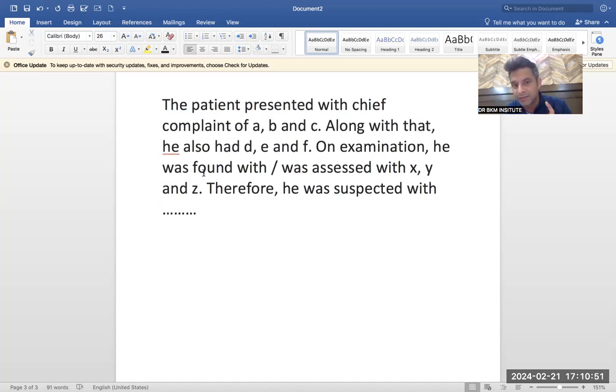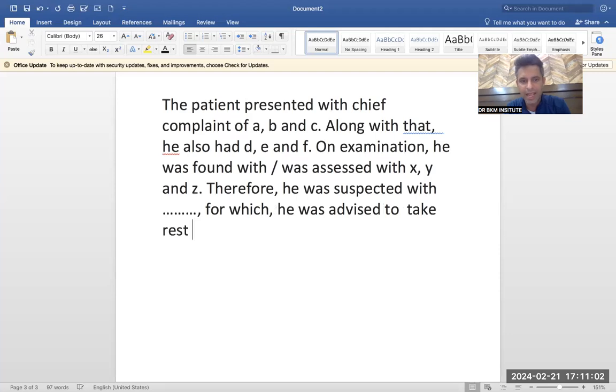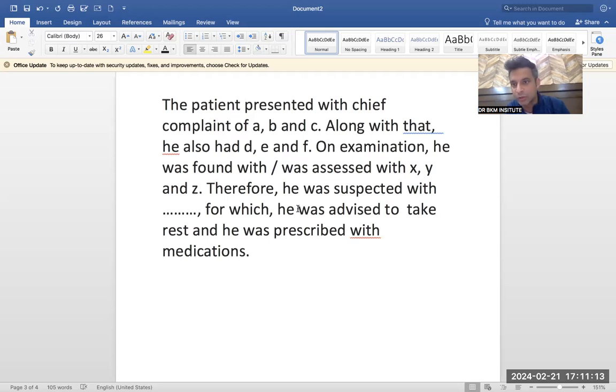When it is done by us, he was found with, for which, connector, for which he was advised to take rest, and he was prescribed paracetamol or whatever medications. Because medications are also given by us, advice is also given by us, was plus third form.